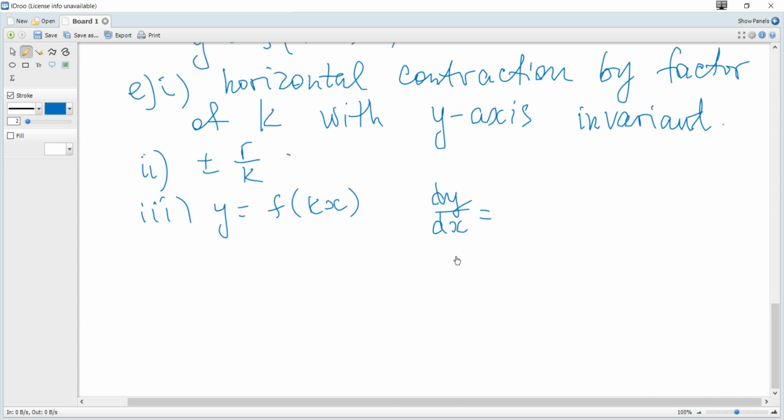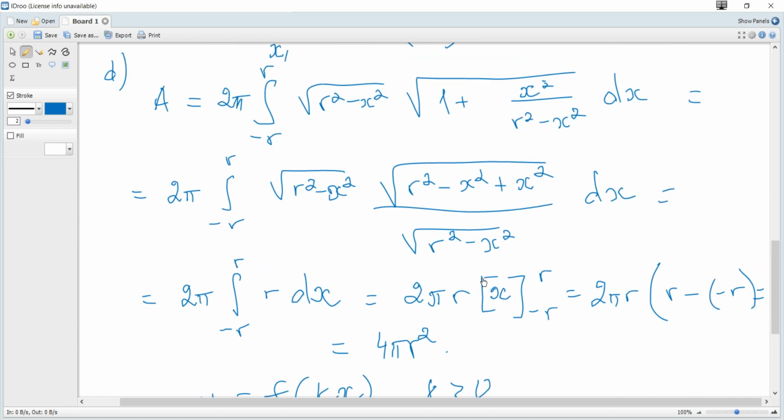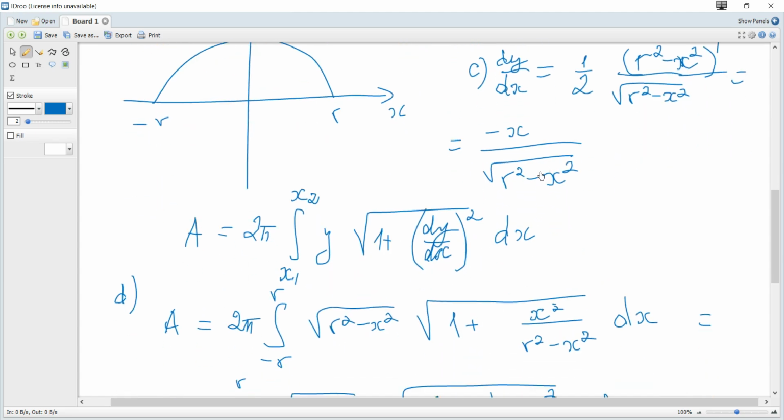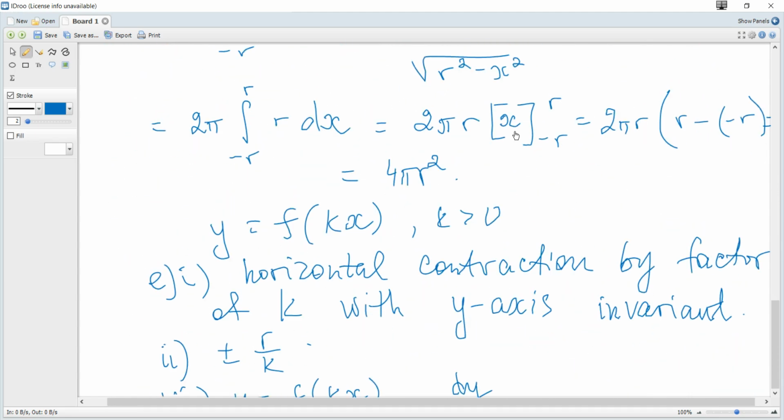So the previous derivative of just f of x was this result, and k arises in front.